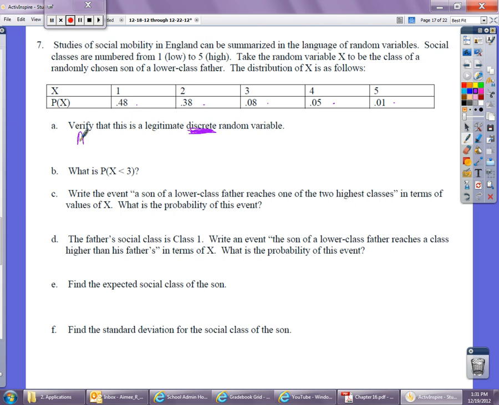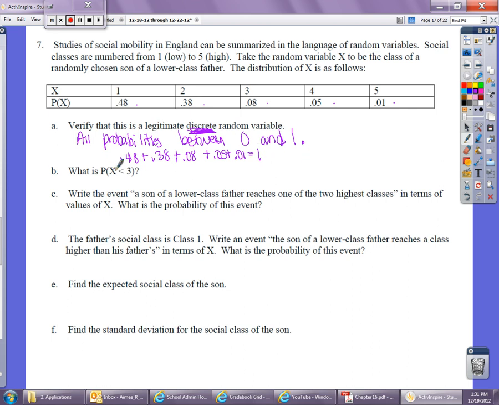So all probabilities between 0 and 1. And then you have to check and make sure that all of these add up to 1. So is 0.48 plus 0.38 plus 0.08 plus 0.05 plus 0.01, does it equal 1? And you can plug those in, and they do.